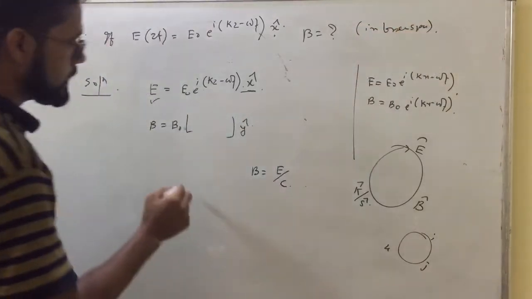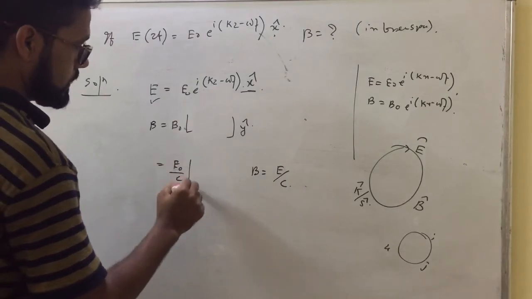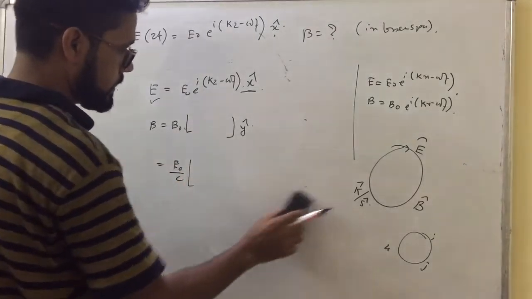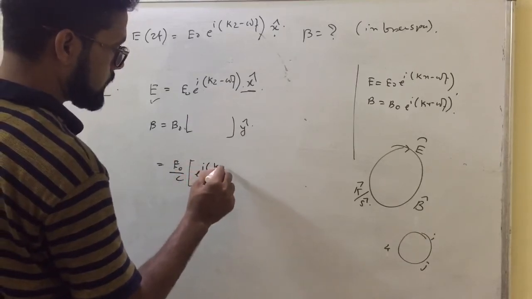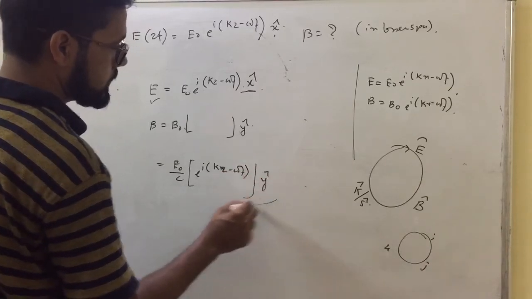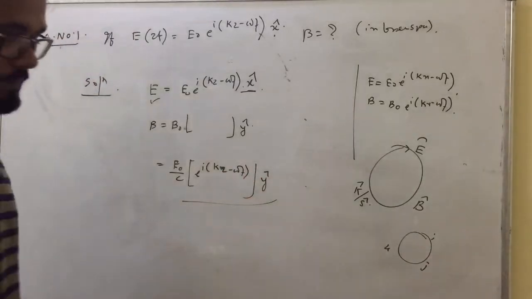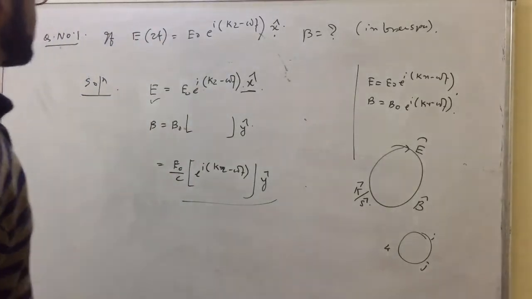Then I have to replace B naught by E naught by c. The exponential part will remain the same, kz minus omega t. This part will be y cap. This is the solution. Nothing more to do. Okay. This is how we have to find it.